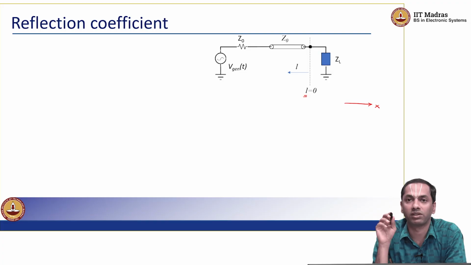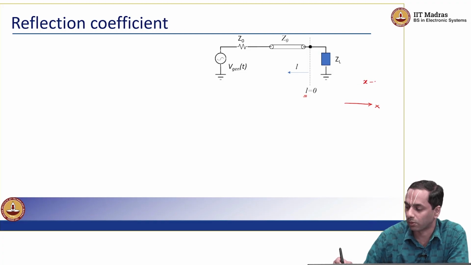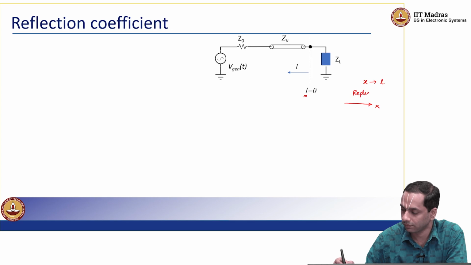So we do a transformation of variable where we want to go from x to l, right, and what we would have to do is replace x with minus l.